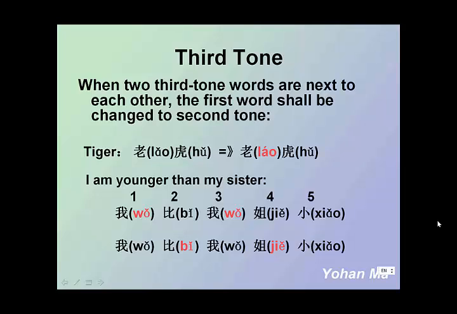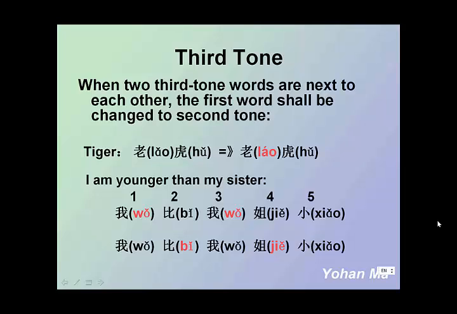The last line, you can read without a pause between the fourth and the fifth word. If that is the case, the fifth word will affect the fourth, and the fourth is changed to a second tone, so it will no longer affect the third. The third remains a third tone, so the second word shall be changed to a second tone. That will no longer affect the first word, so it remains a third tone.